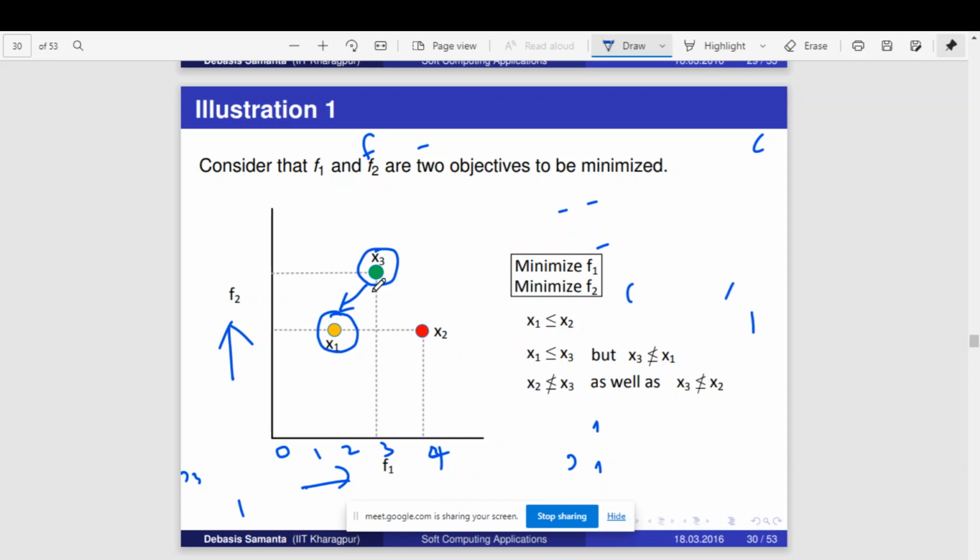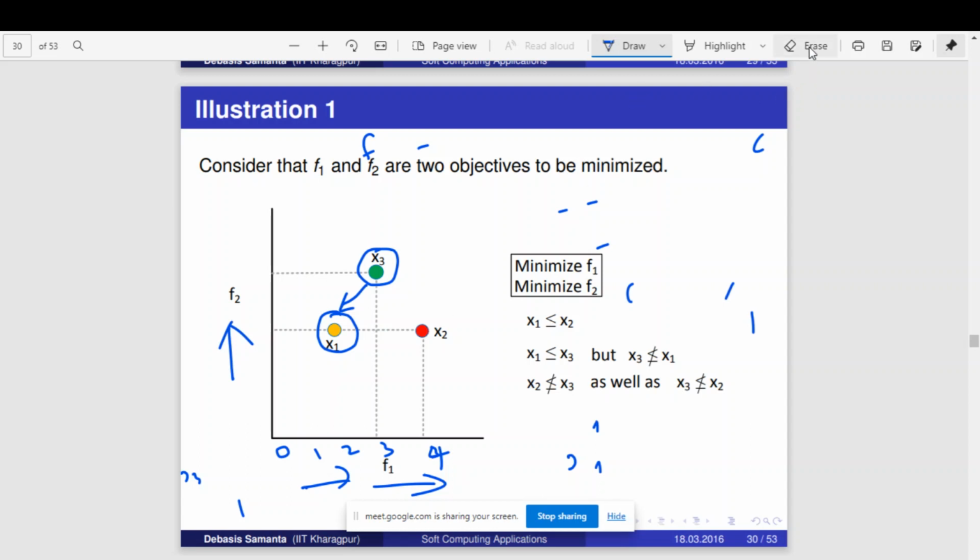At the same time, x1 is below x3. Am I clear? Because minimizing with respect to f1 means moving towards the left. Minimizing with respect to f2 means coming down. So does x1 dominate x3? Yes, it dominates, because x1 is below x3 and also x1 is to the left of x3.